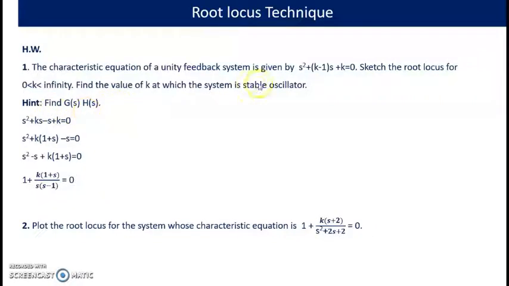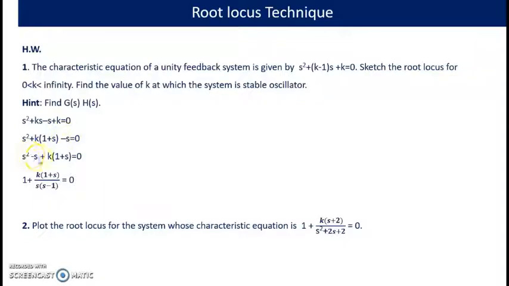So for that what we have to do is remove this bracket. s square plus ks minus s plus k equal to 0. Then s square plus k into (1 plus s), because we need k into some term in the numerator divided by some term in the denominator. Minus s is equal to 0.